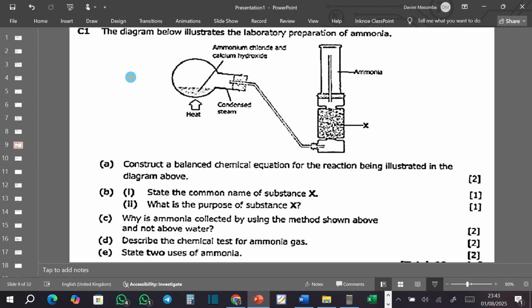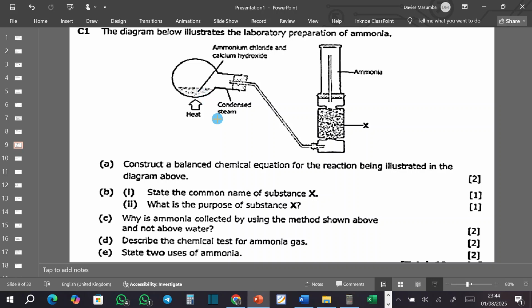So this question C1 says the diagram below illustrates the laboratory preparation of ammonia. So they have shown us how ammonia is prepared here. Look at the diagram. We have ammonium chloride and calcium hydroxide inside here.